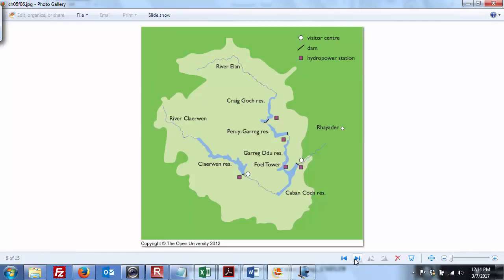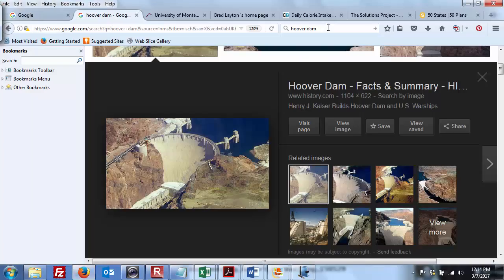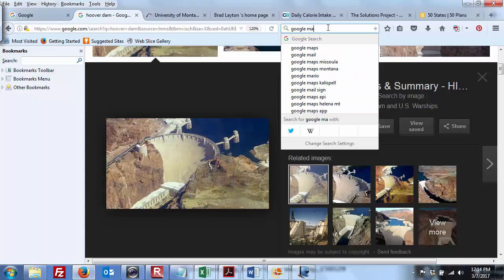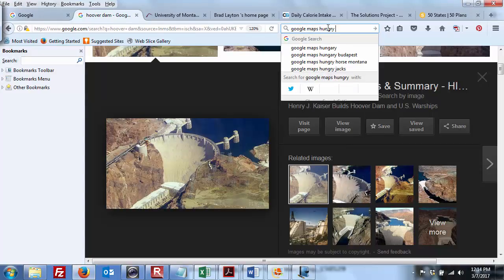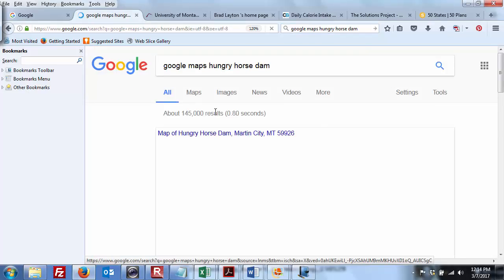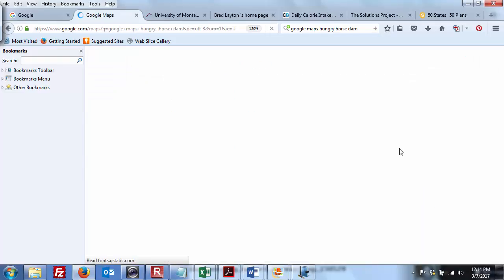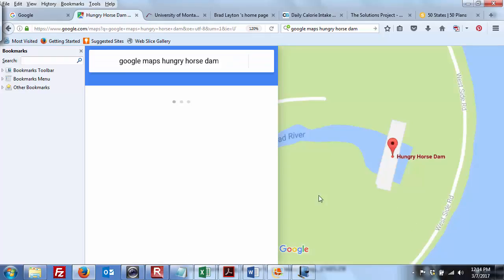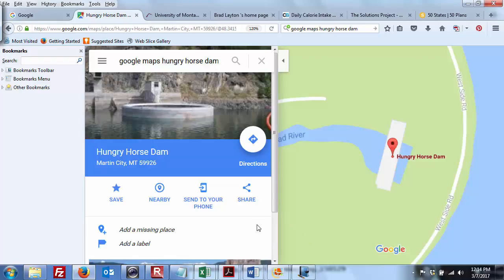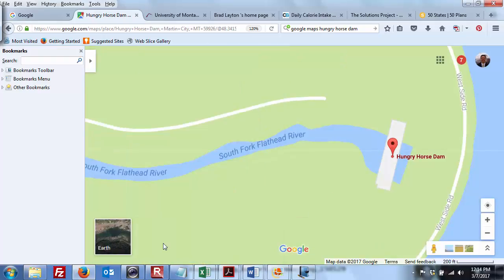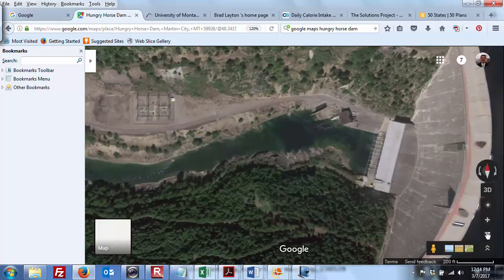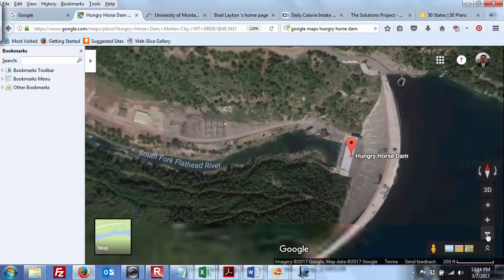All right, so here's another shot. And if you take a look at the map of Montana, we can see this too. So let's just do this. This is kind of fun. Wow, they just get right down in there, don't they?